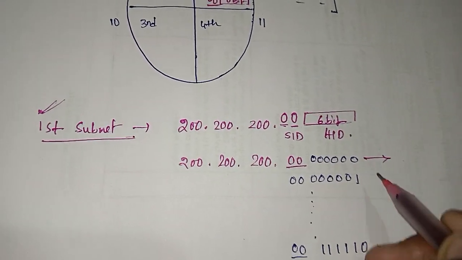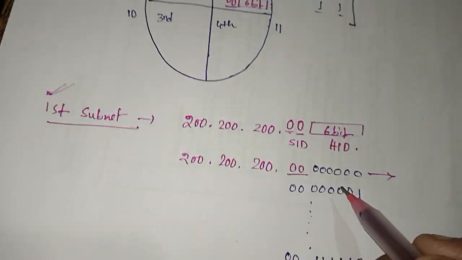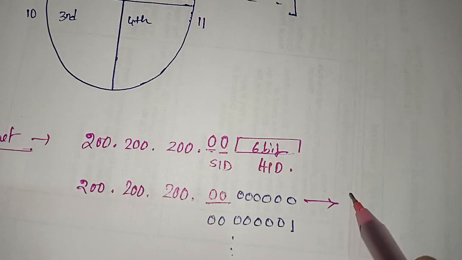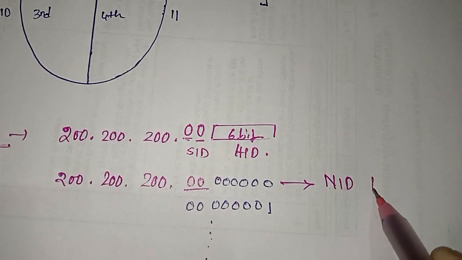We know that the address with all host ID bits 0 is not assigned to any host. So this is the network ID of the first subnet.